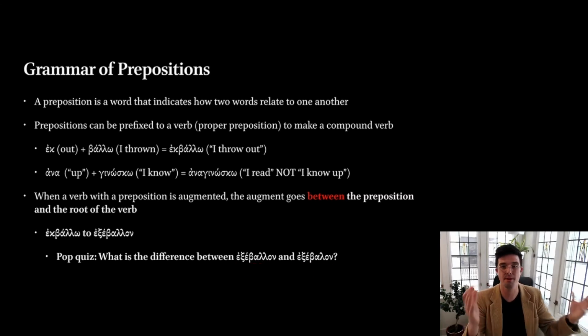You may need to pause the lecture and see if you can spot it. Then the next step is to figure out why that difference matters. You probably noticed that this one has an extra lambda and this one has a missing lambda. So why does this one have a missing lambda, and how does it change what the verb means?